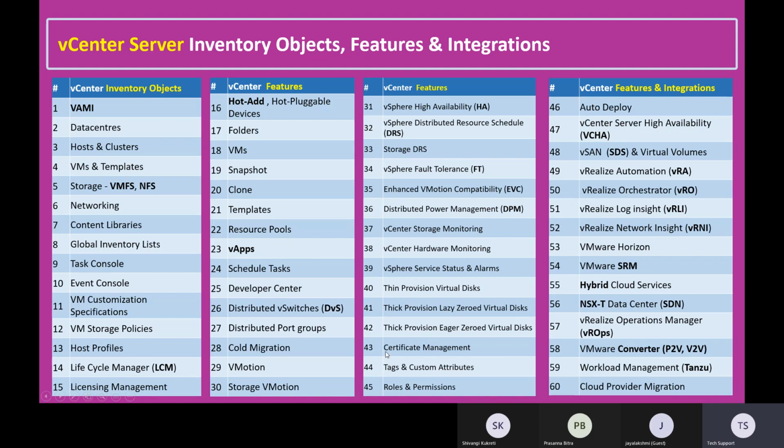And certificate management: all the vCenter level components, ESXi hosts, virtual machines, all the SSL certificates are managed in the vCenter Server certificate management only. And tags and custom attributes we just observed. Tags are mainly for segregating ESXi hosts and virtual machines. And roles and permissions we observed. And in the last column, from 46 to 60, all are additional features, advanced features and integrations.